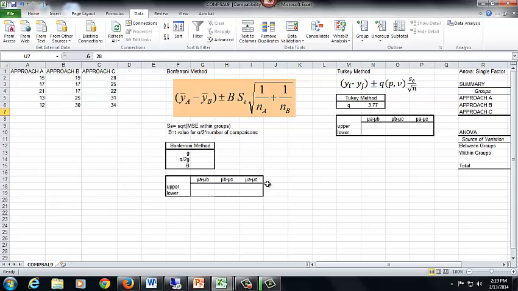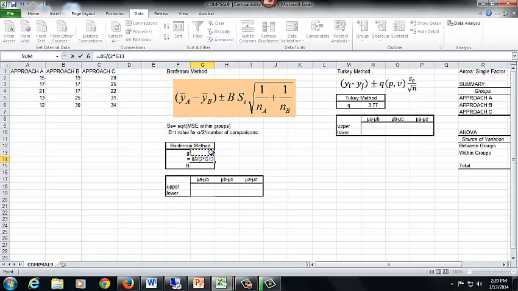and the Tukey method. Using the Bonferroni method, I first have to start out by identifying what is my G. My G is the number of different classifications or groupings. So I just remember G for groups. And there are 3 different groups because there are 3 different sales approaches. Then alpha divided by 2G, so alpha is always 0.05 divided by the quantity 2 times 3.